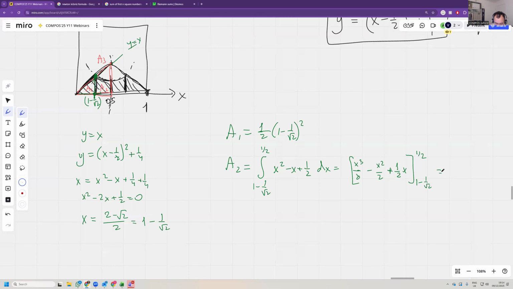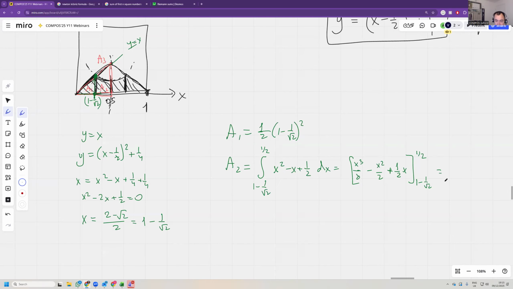So it's going to be x squared minus x plus 0.5 between limits 1 minus 1 over root 2 and 0.5.